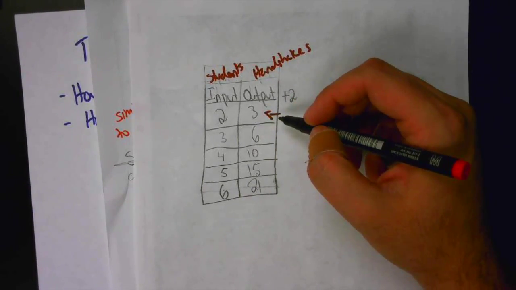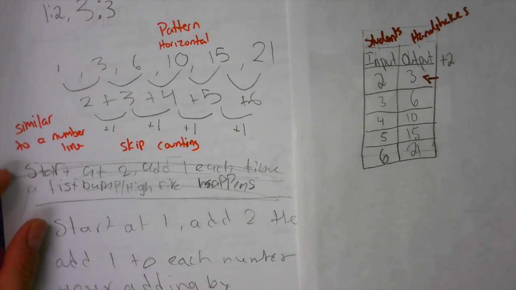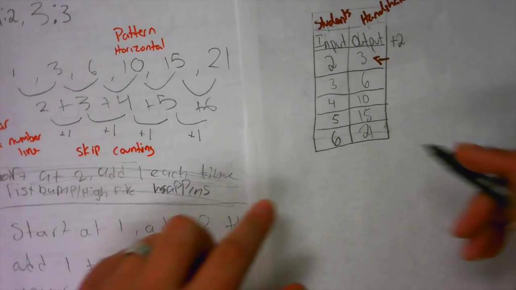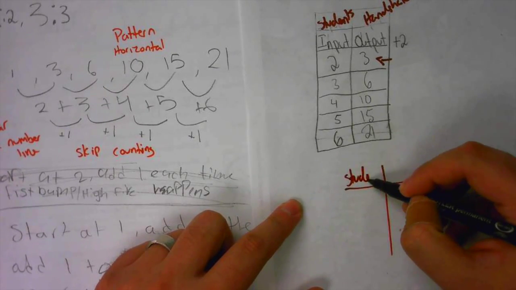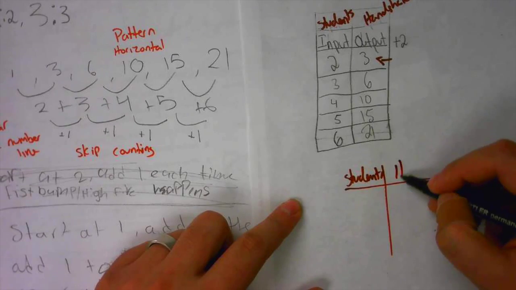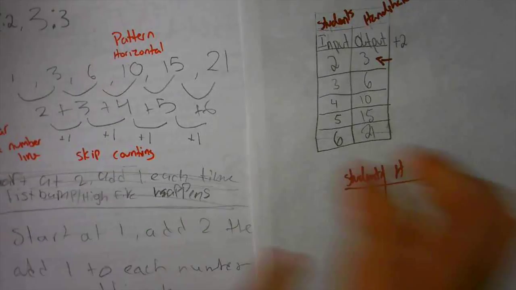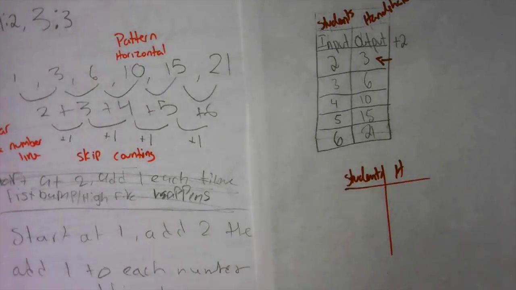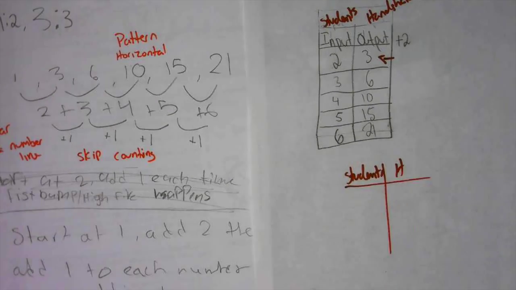So with 2 students, if we use this group's answers, let me redo the input-output, except I'm going to call it students and handshakes. So 2 students, because you can't really have 1 student for this, so we started off with 2. So 2 students, this doesn't work, this is garbage.